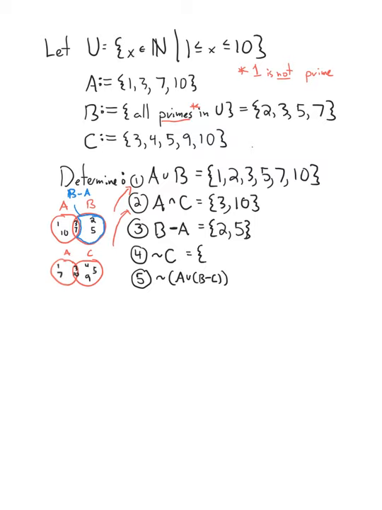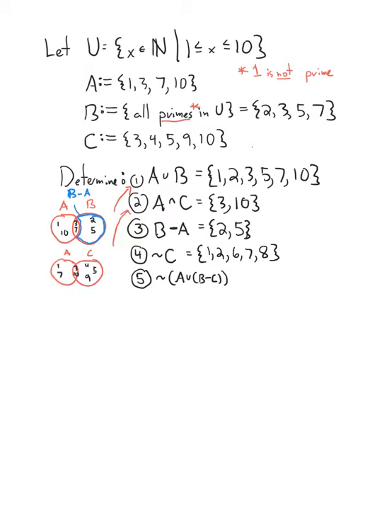So C has 3, 4, 5, 9, and 10. It doesn't have 1, 2, 6, 7, and 8. So it's everything not in C, but of course, still in our universe.